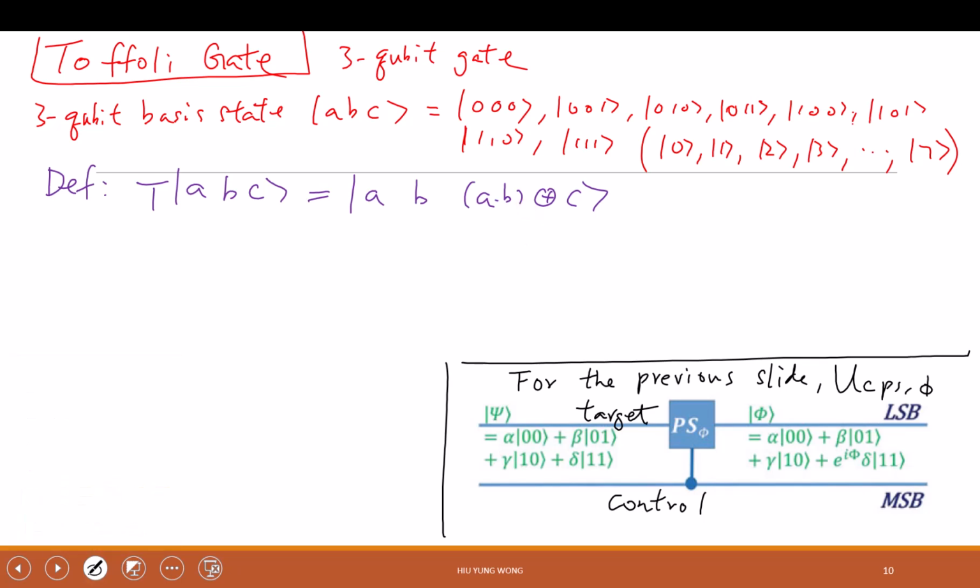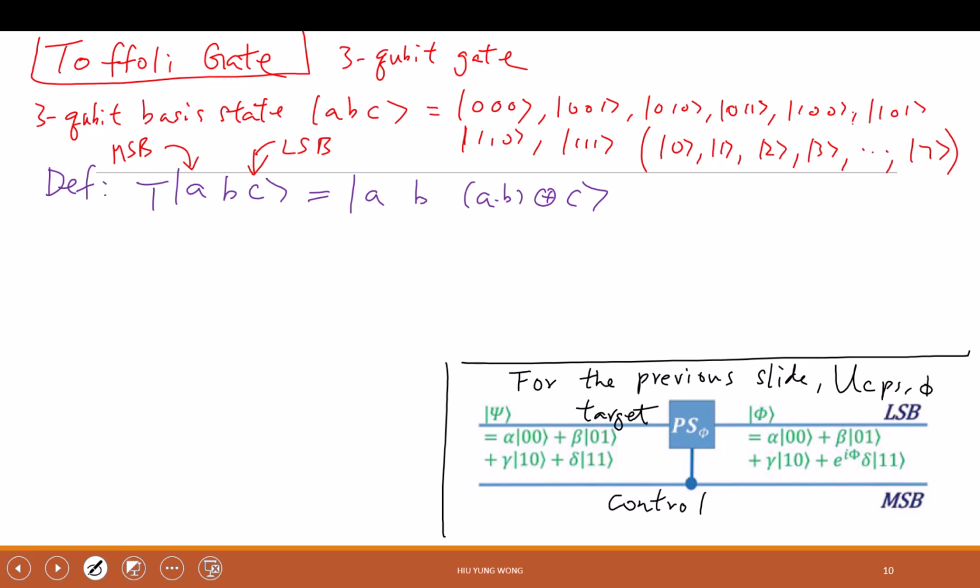Then let's just review some terms. First of all, which one is the MSB? Which one is the most significant bit in our class? A, thank you. This is the MSB. Which one is the LSB? Thank you. Left is the MSB, right is the LSB. So based on this, can you guess which one is the target qubit?